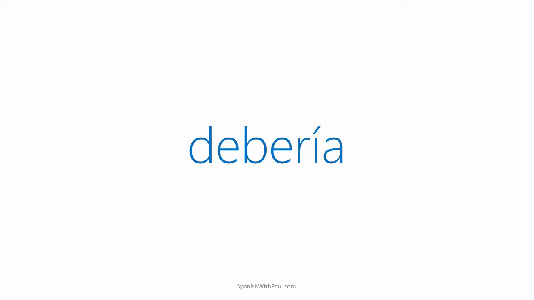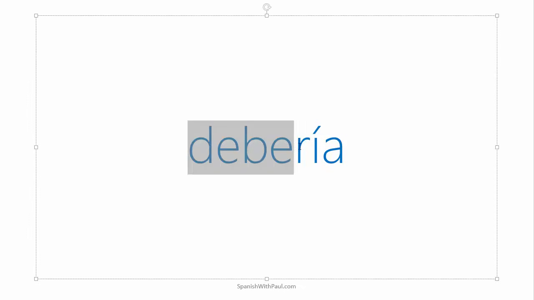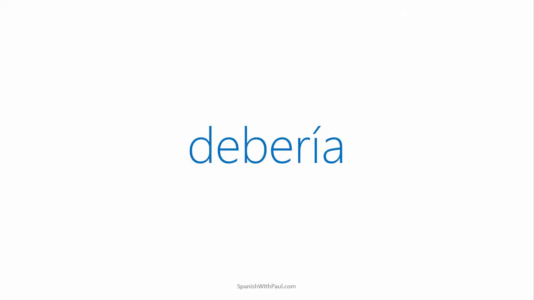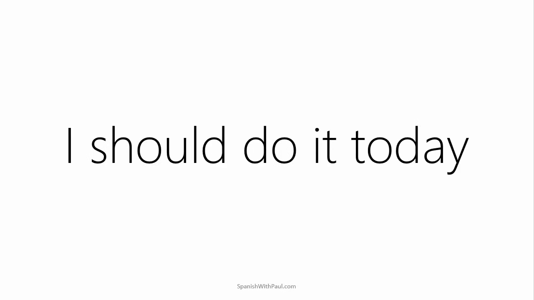To say I should in Spanish is debería. The syllables are de, be, and then ría at the end. So debería means I should. It can also stand for I ought to. How would you say, I should do it today?